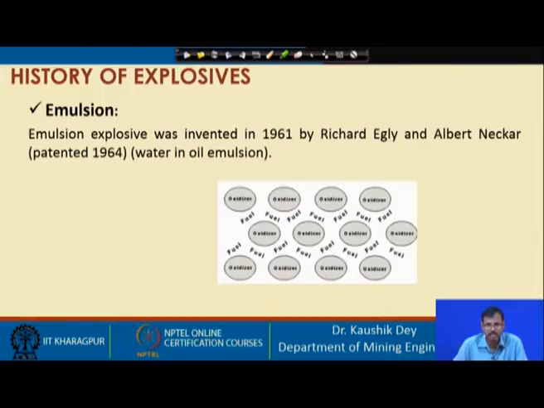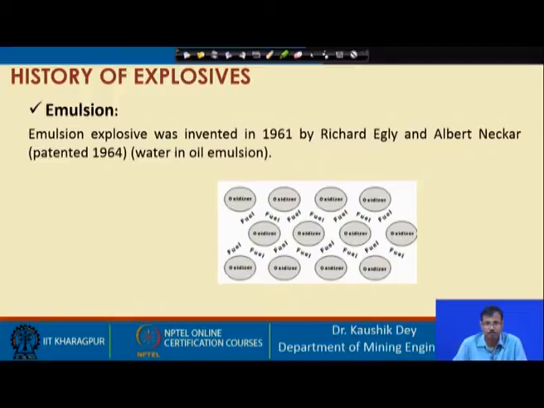These 3 explosives are very popularly used as commercial explosives at present, and the last explosive developed was in 1964, the emulsion. So, this tells you one thing: in the last 50 years there has been no invention in explosives, but prior to that there was huge invention in explosives.